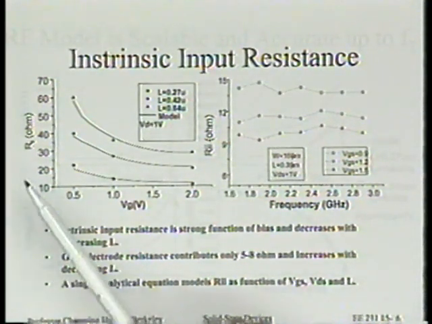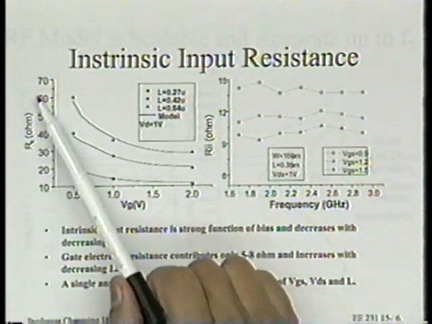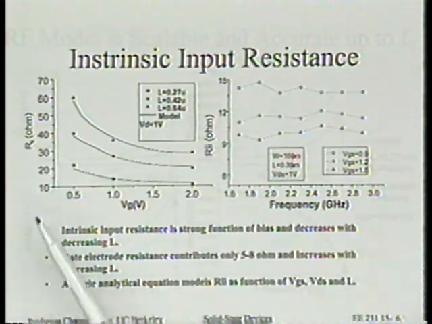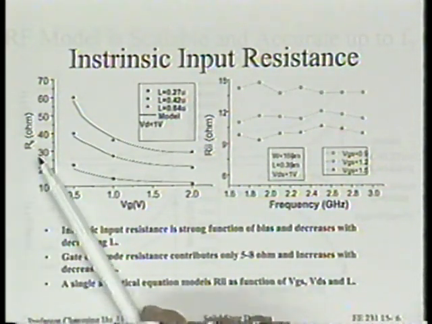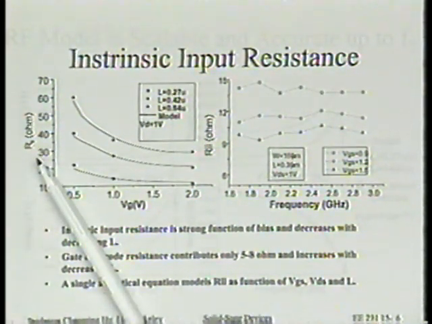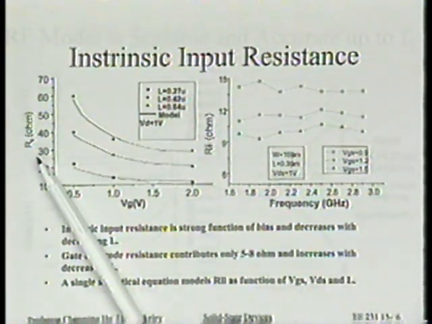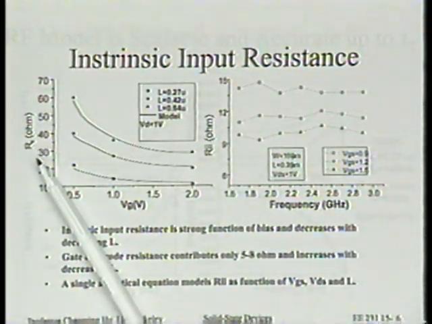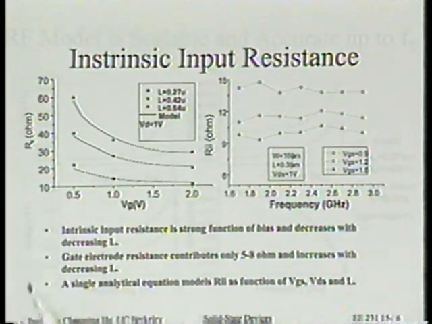Here we're looking at the measured input resistance, the real part of the input impedance, measured by the usual network analyzer, starting from S parameters, converting to Y parameters, and then you can get the real input resistance.